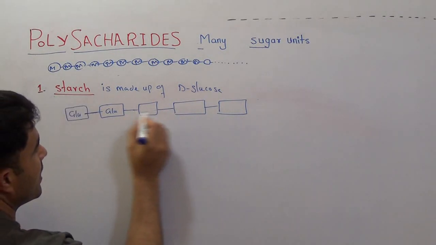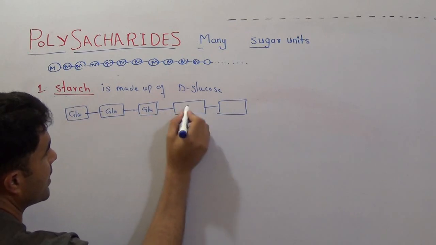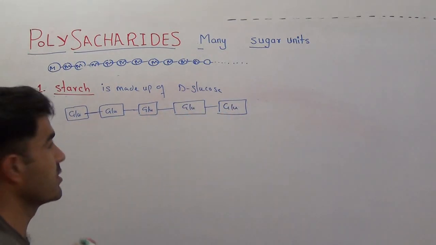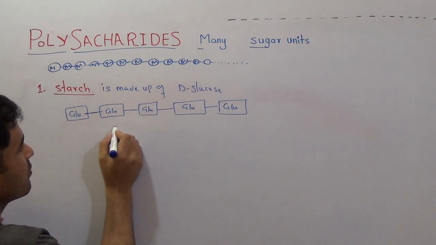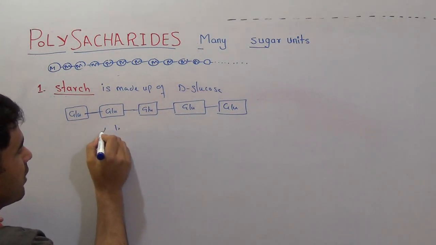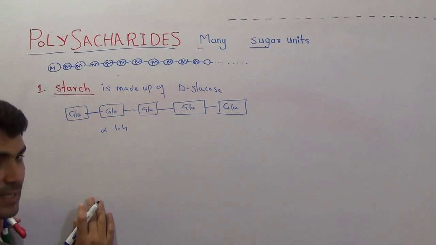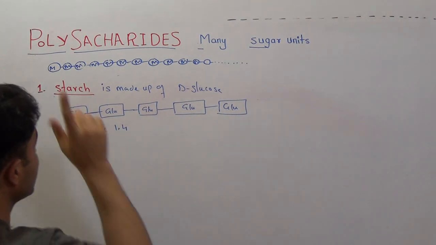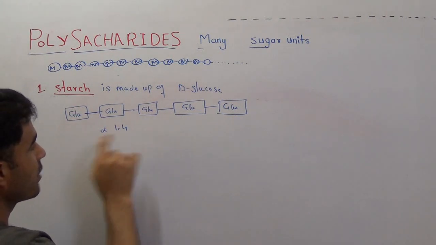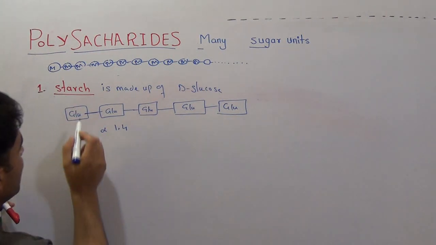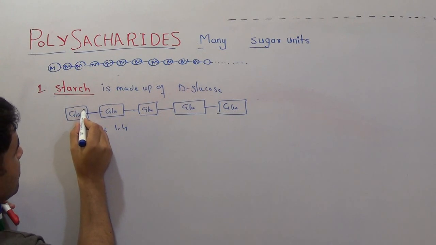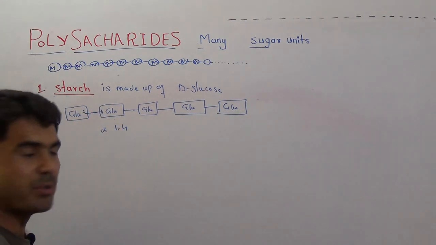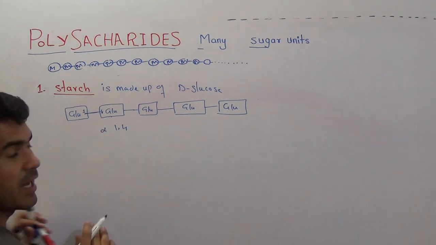Similarly, all of these glucose are linked together by the help of the glycosidic bond, and that bond will be alpha 1,4. We should remember what the bond in starch is. Alpha 1,4 means the carbon number 1 from the first glucose and the carbon number 4 from the second glucose are used, and the two units are alpha sugar.